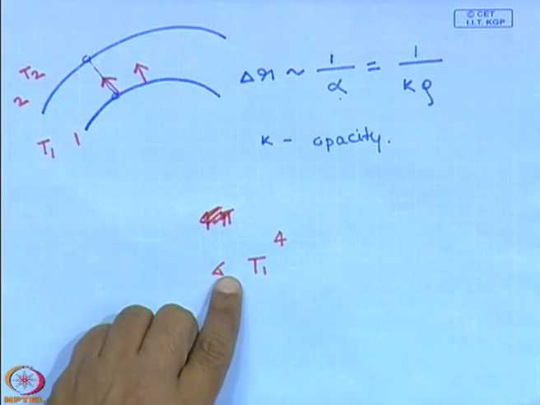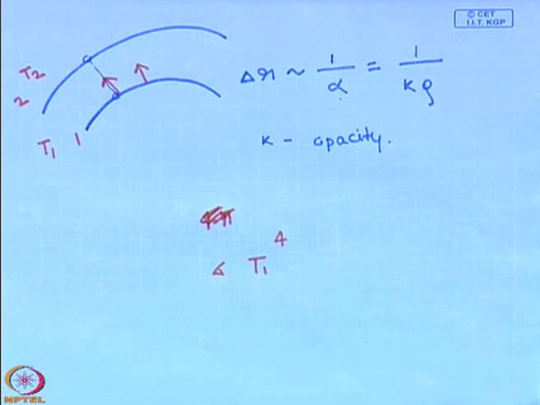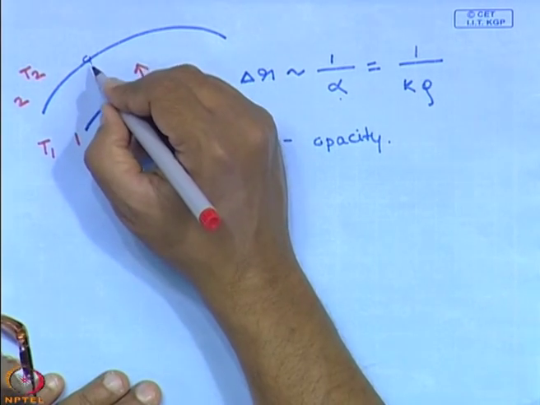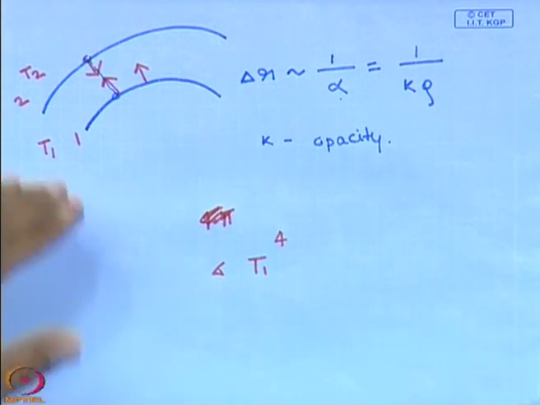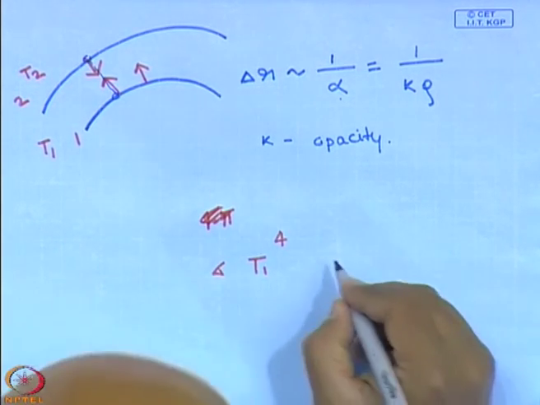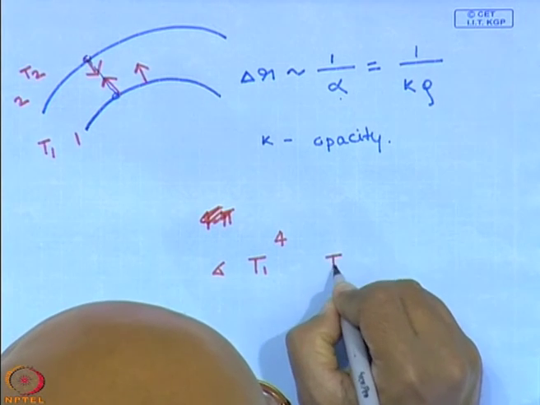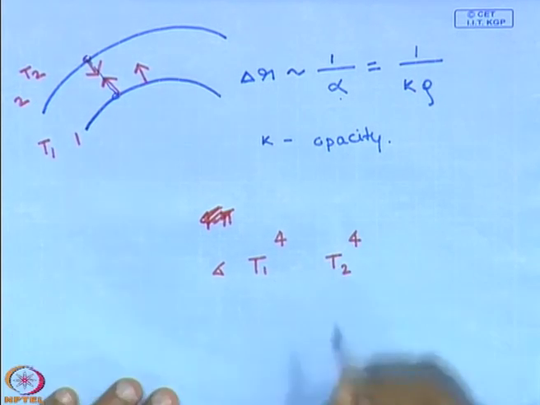The energy flux which is incident in this direction from the upper surface is going to be sigma T2 to the power 4, right.